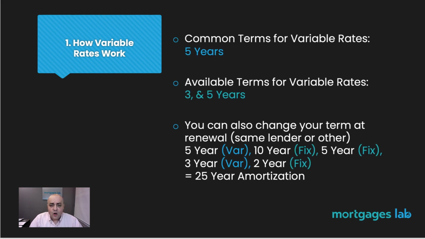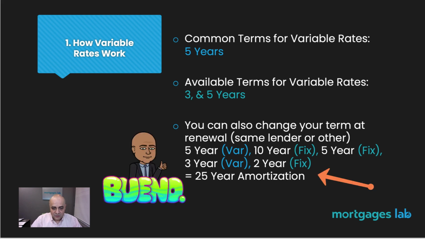Now, common terms for variable rates, 5 years is what most people take, but there are also other terms for variable rates. You can take a 3 and a 5-year term, and you can also change your term at renewal. So, for example, let's say you started on a 25-year mortgage or 25-year amortization. Your first term of 5 years can be in a variable rate.